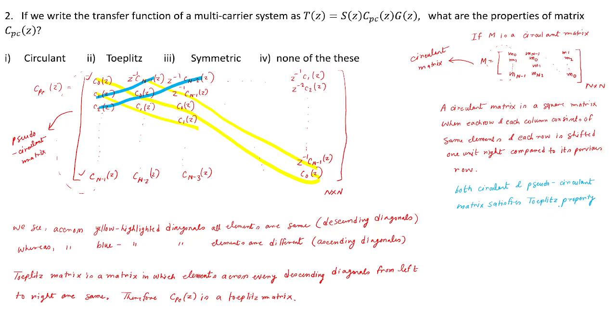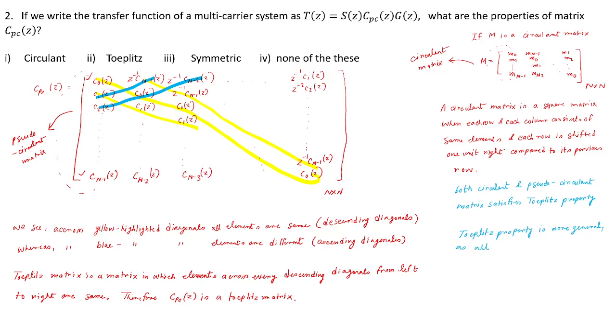So the Toeplitz property is more general, and why is that?